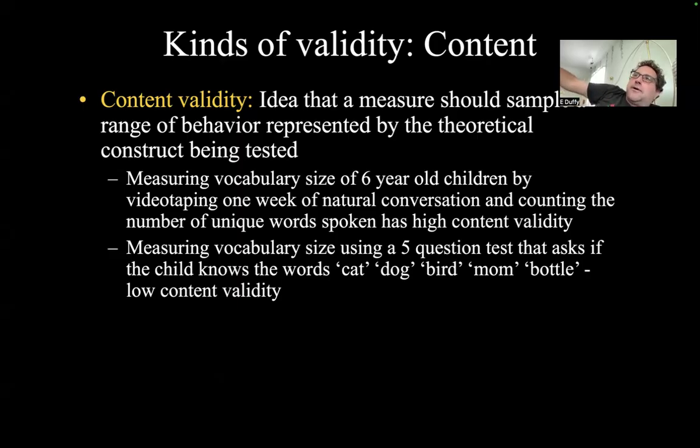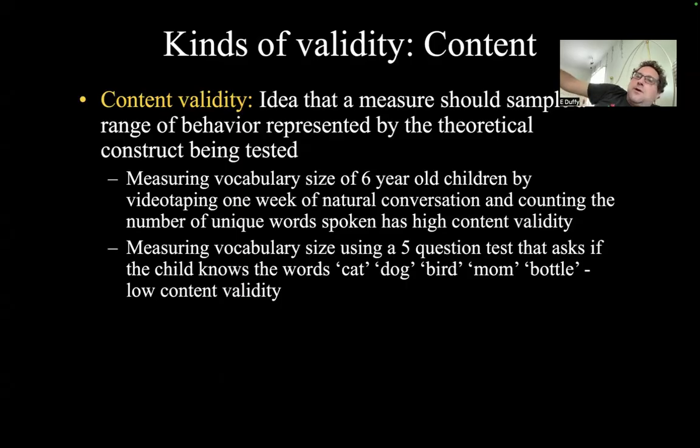Or you could show them pictures of objects like a garage or a bird or a tractor, and see if they'll produce the word that corresponds to that object. Or you could measure the kid talking to their parents and look at how many unique words are used by a kid in a 30-minute period in talking to their parents.